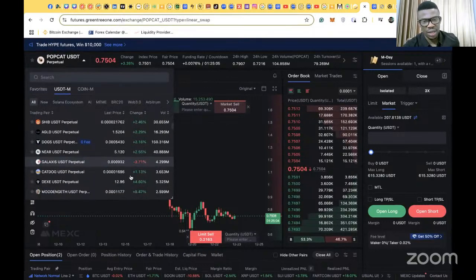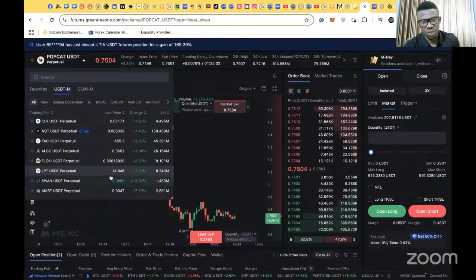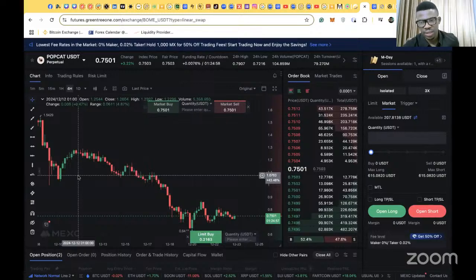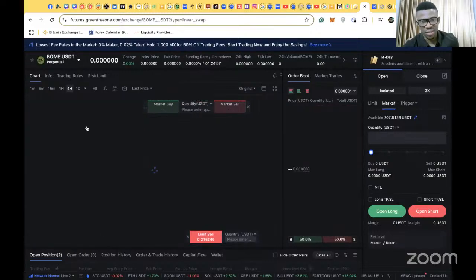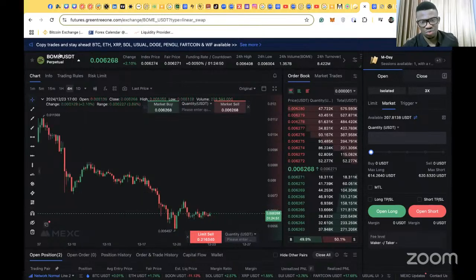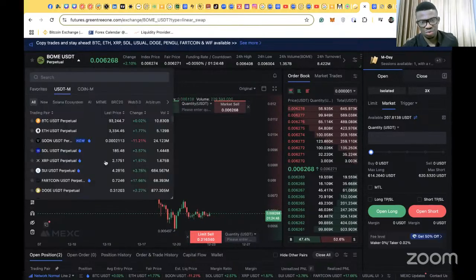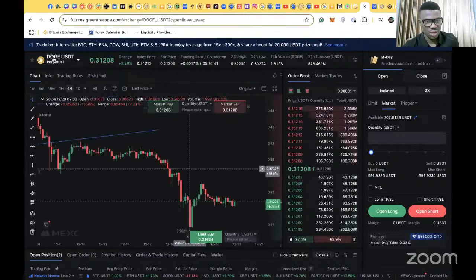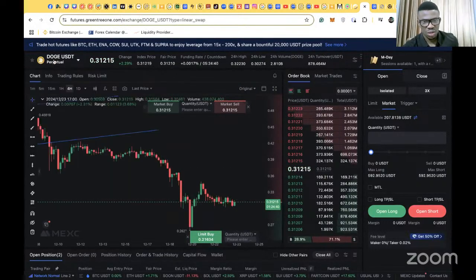Let me look for something good. Let's say, what is good? Bomi. This Bomi did us well at the time. Let's see what the chart looks like. Still the same. Same with all these other guys. Let me go down to, what about Doji? The chart of Doji is also the same.